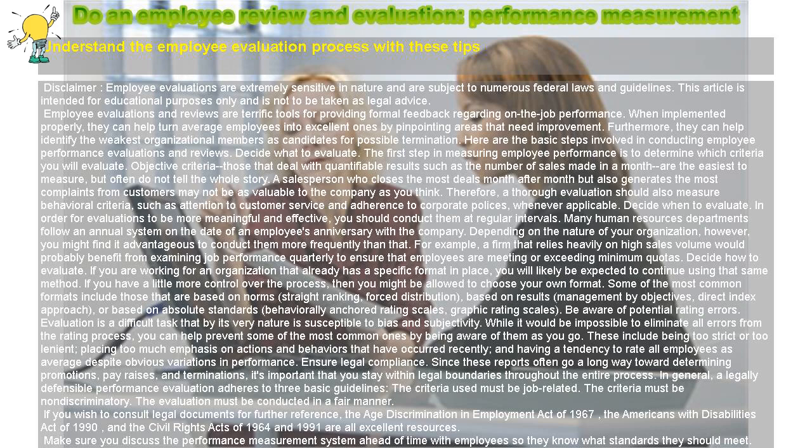Decide what to evaluate. The first step in measuring employee performance is to determine which criteria you will evaluate. Objective criteria, those that deal with quantifiable results such as the number of sales made in a month, are the easiest to measure, but often do not tell the whole story.